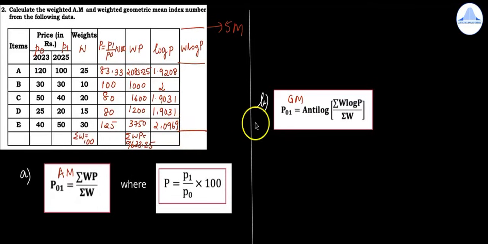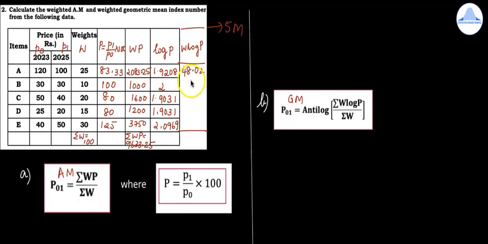Now for the weighted geometric mean index number, we need W log P total. So from the next column, W log P, it is 25 into 1.9208. So this I will just take only 2 places, or we can take 4 places after rounding off.